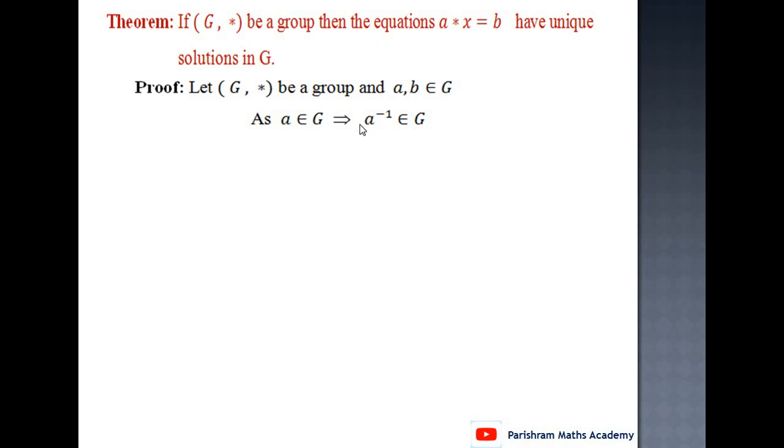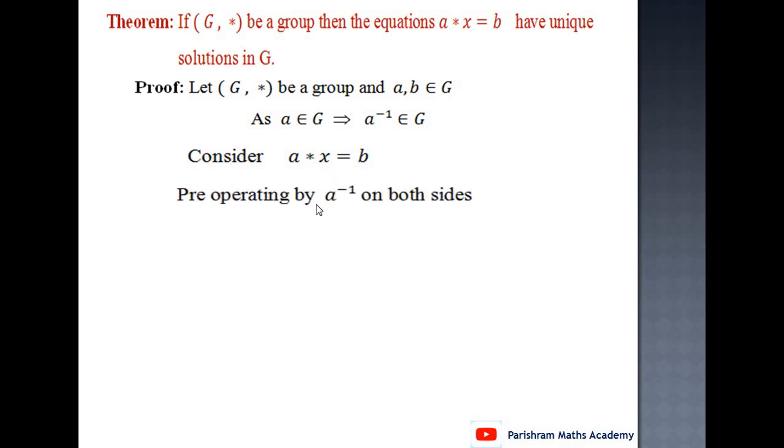As A belongs to G, A inverse also belongs to G. To find the solution of A star X equal to B, it means we can find the value of X. Consider A star X equal to B. For this, pre-operating A inverse on both sides, we get on the left-hand side A inverse star (A star X) equal to A inverse star B. In the left-hand side, we can apply the associative law.